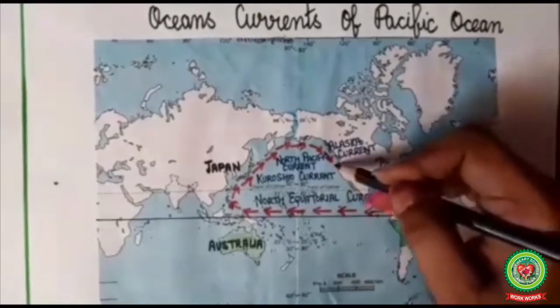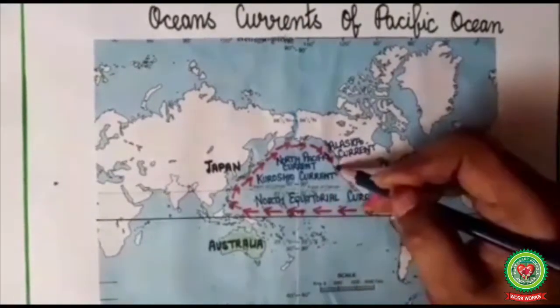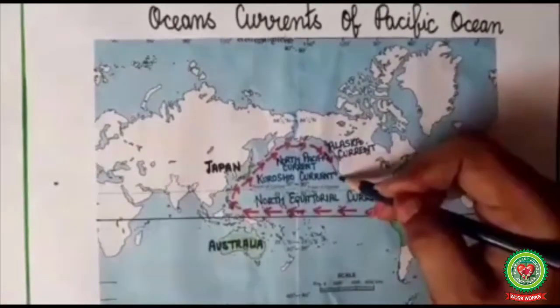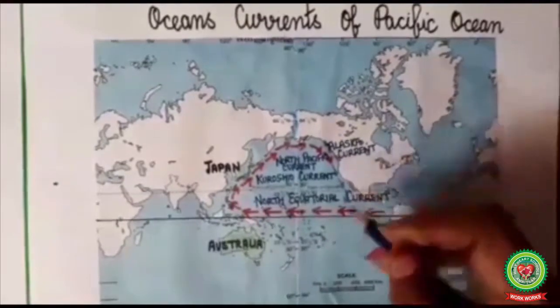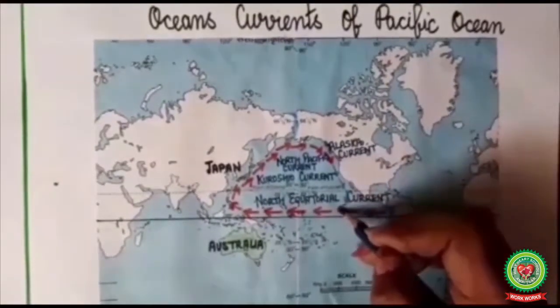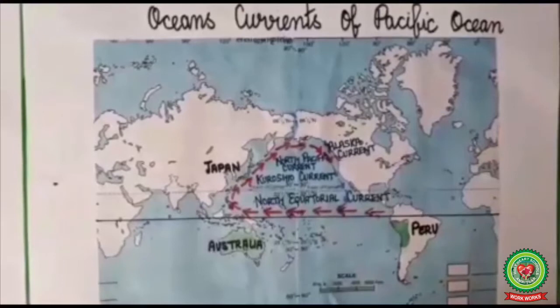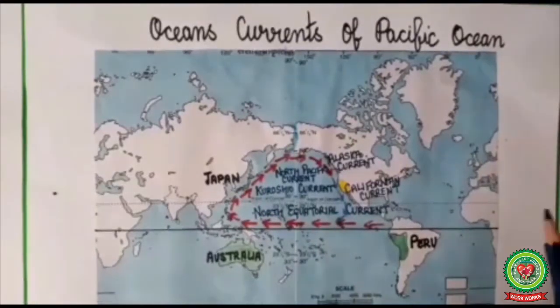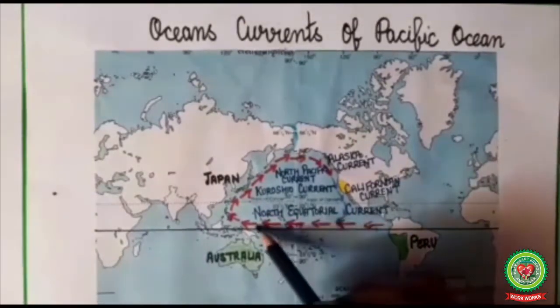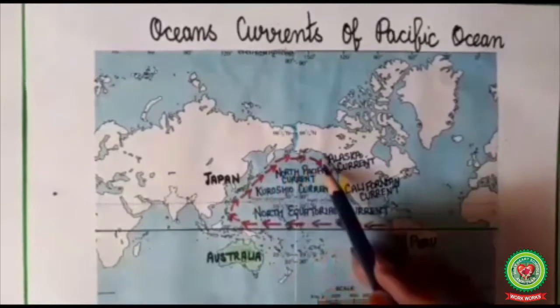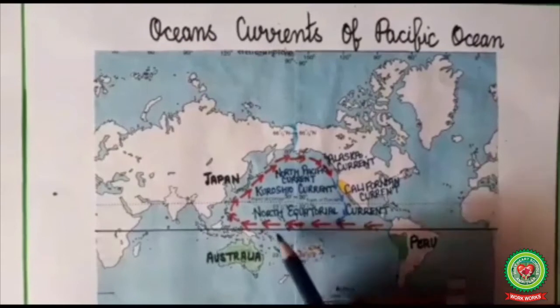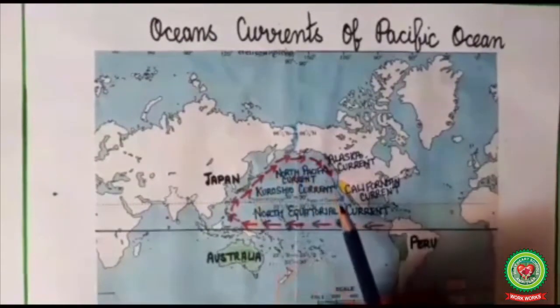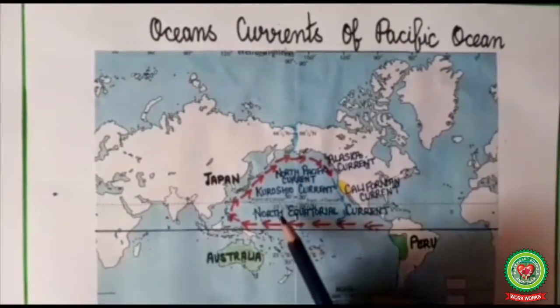Further, it moves southwards along the coast of California as the cold Californian current, and finally it merges with the North Equatorial Current. In this way, you can see the circuit of the ocean current is completed in the North Pacific Ocean, which is clockwise, as it is the northern hemisphere.